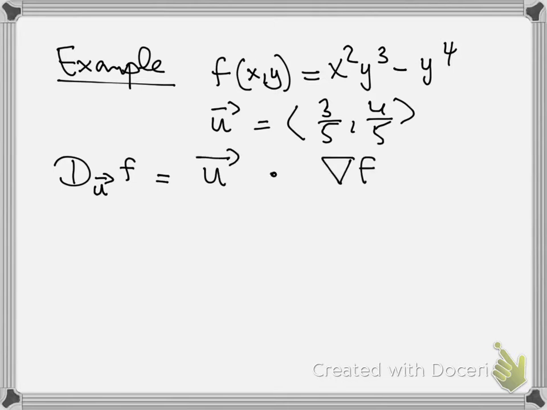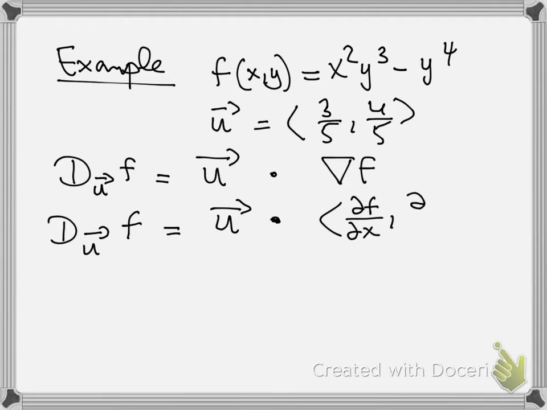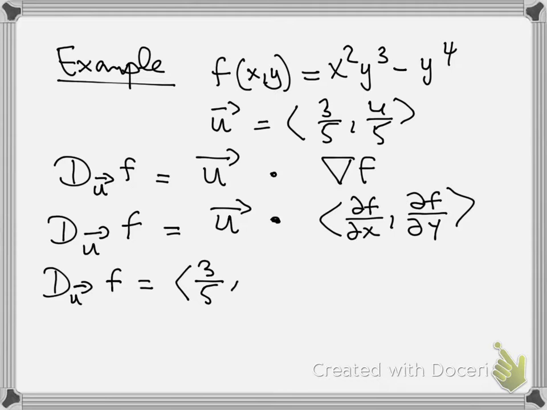So what's the gradient of f? It's partial f partial x, partial f partial y. So the directional derivative of f in the direction of u is (3/5, 4/5) dot product (partial f partial x, partial f partial y).